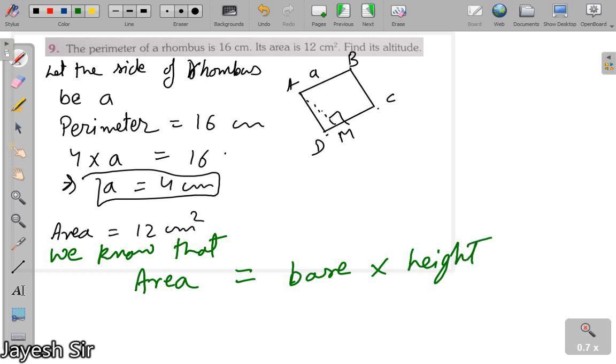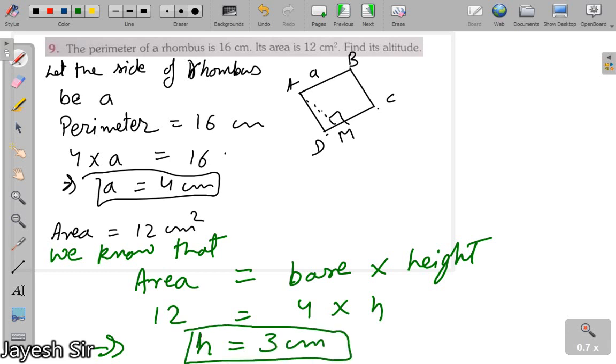Now we know the value of area, that is 12. We know the value of base, that is the side of the rhombus, into height. Using this, we can easily calculate that the height of the rhombus is 3 centimeter. Again, I leave the calculation part to you. We have applied the formula for the area of a parallelogram here.